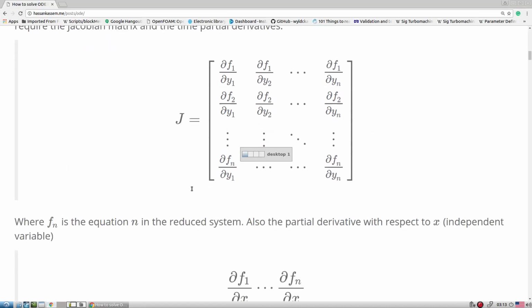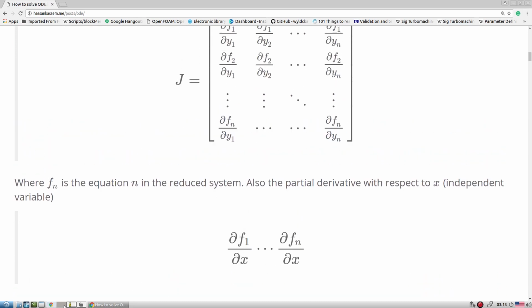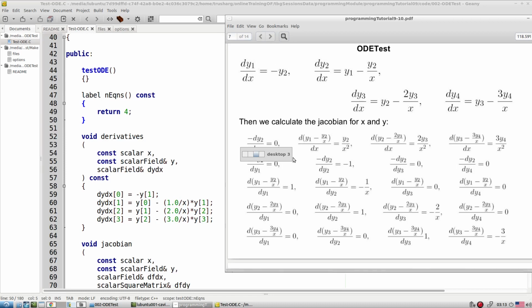So let's come back here. As many equations as we have, we have to differentiate with respect to x. So that is what we have.